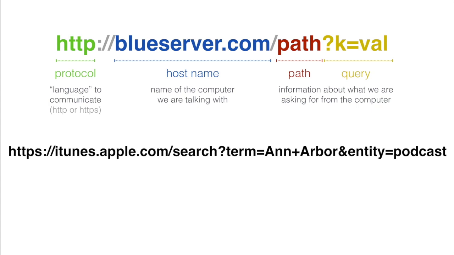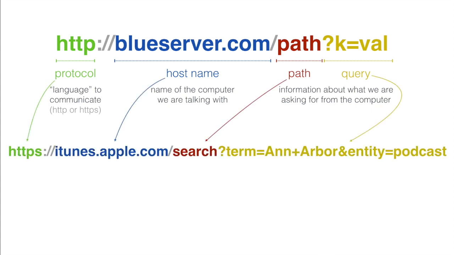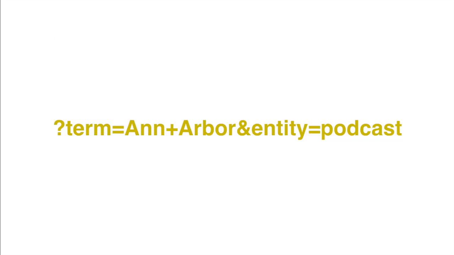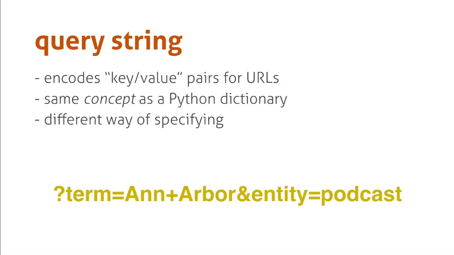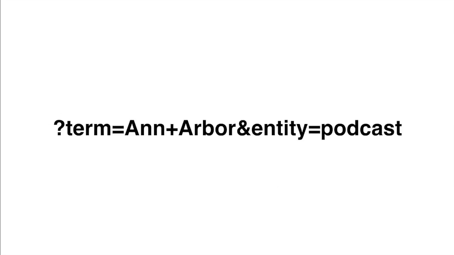So here's a real example of a URL, and we can break it down into the components that we just talked about. The protocol is HTTPS, the hostname is itunes.apple.com, the path is search, and the query string is this long query string. And I want to talk about this query string because it kind of has its own syntax. The query string encodes key-value pairs, which is the same concept as a Python dictionary, but it has a different syntax.